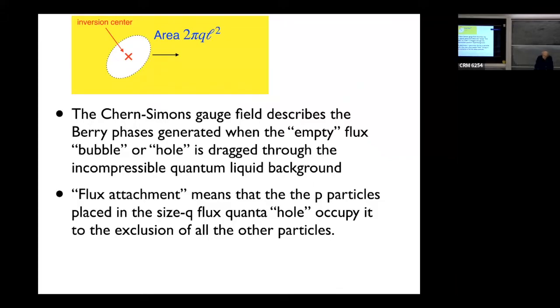Now there's one difference between the integer and the fractional case: there's actually no natural geometry of the hole in the integer effect, because basically there's a principle that if you completely fill a band, it's invariant under an arbitrary change of basis of how you fill it. You don't need to fill it with orthogonal orbitals.